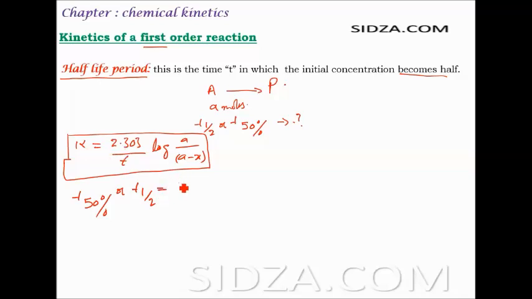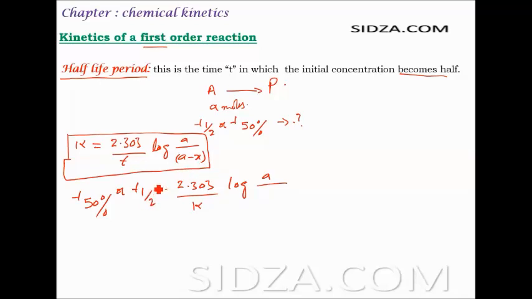Suppose it will be 2.303 by K, log of A by A minus X, right? A minus X means what? This is the concentration left when half of the reactants have been converted into product.